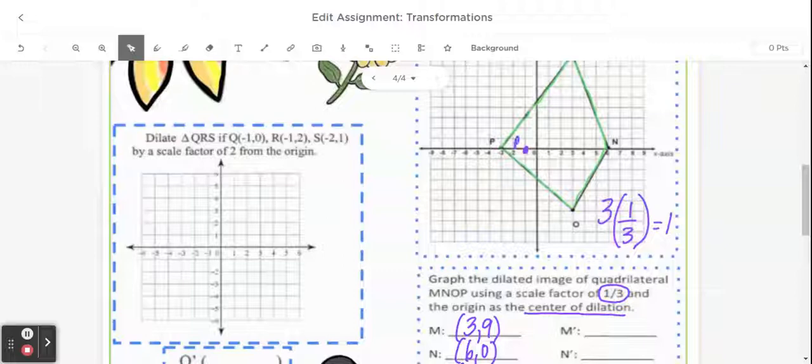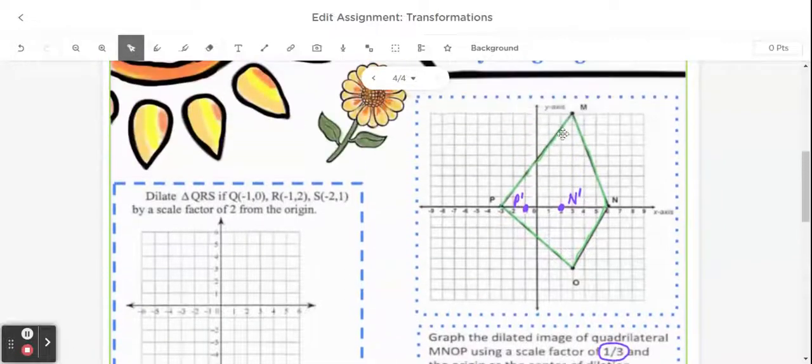And that's P prime. Let's look at N. N is 6 units away. If I multiply 6 times 1/3, we get 2. So that means N prime will be 2 units away from the center of dilation. So you're making everything a third smaller, 1/3 of the size that it used to be.